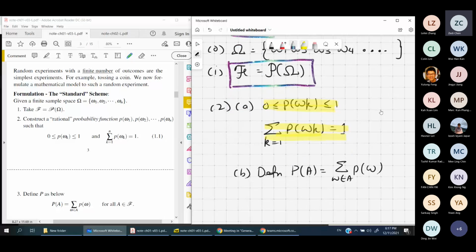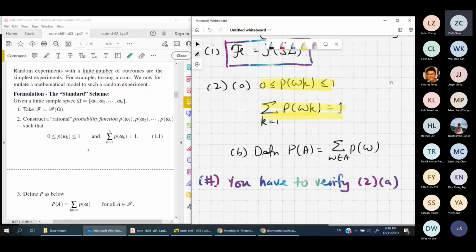So what is important is to verify these two. This is for our first case over here.